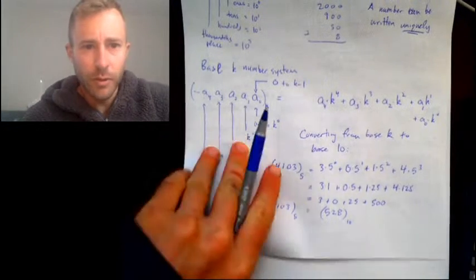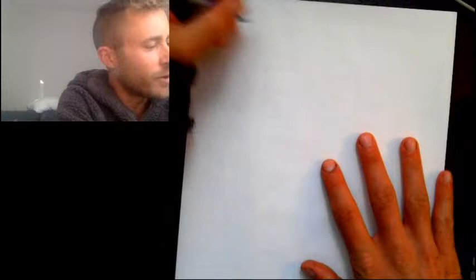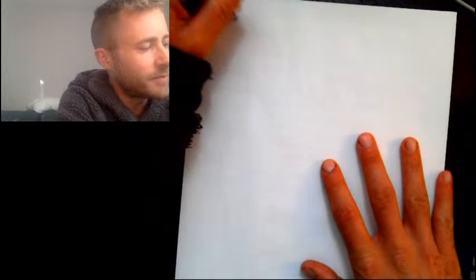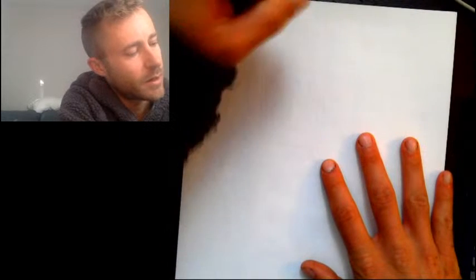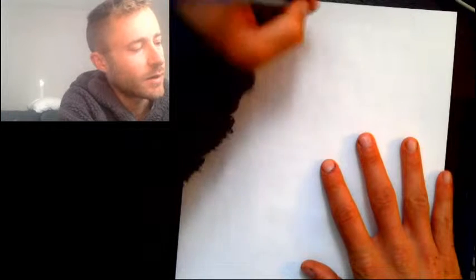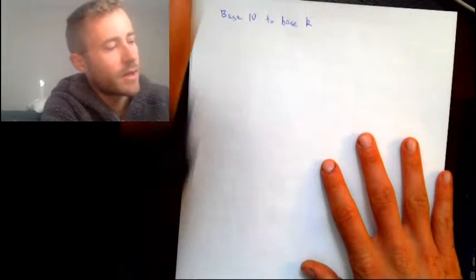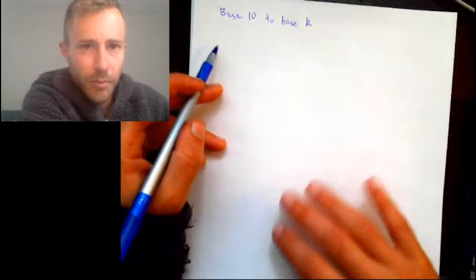So how do we do the reverse? Need a new piece of paper. Okay. Let's say we want to convert from base 10 to base k. All right. And so we're going to pick an example.